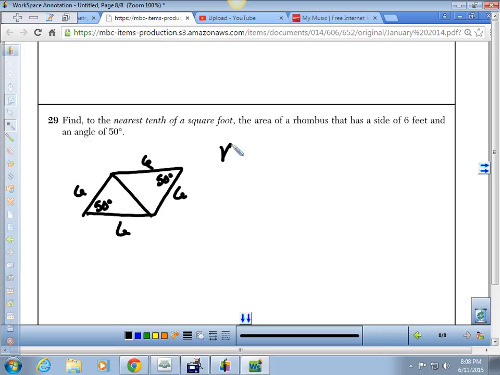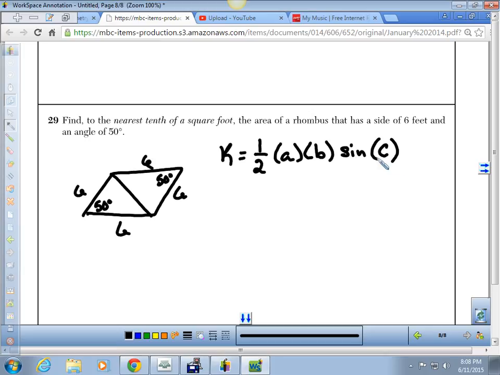How do we find the area of a triangle? One half any two sides times the sine of the angle in between them.